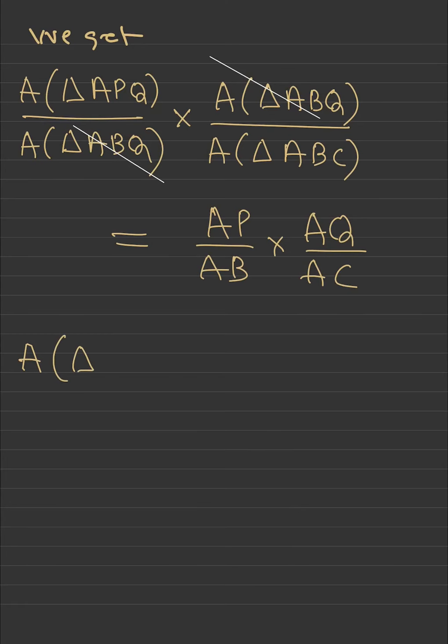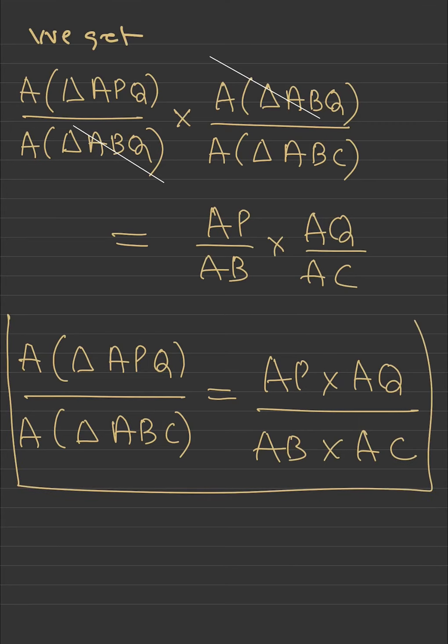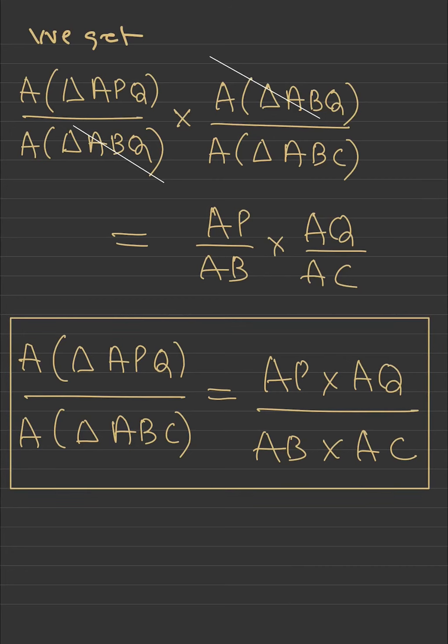Area of triangle APQ upon area of triangle ABC is equal to AP into AQ, numerator into numerator upon denominator into denominator. Is that clear? You can check, this is your final answer. This is what you have to prove there. Fine. So you can write hence proved. Clear? Thank you so much.